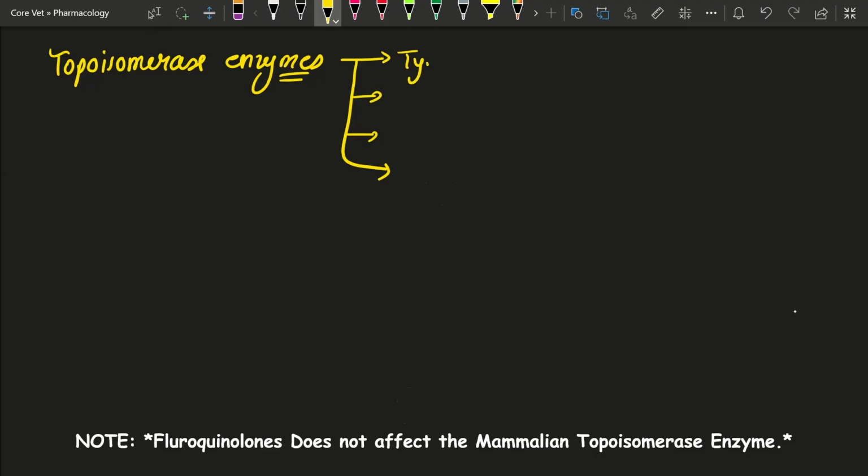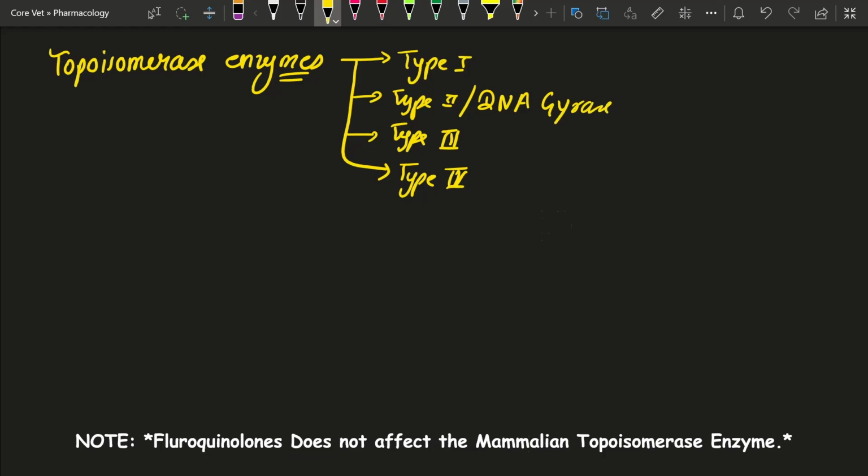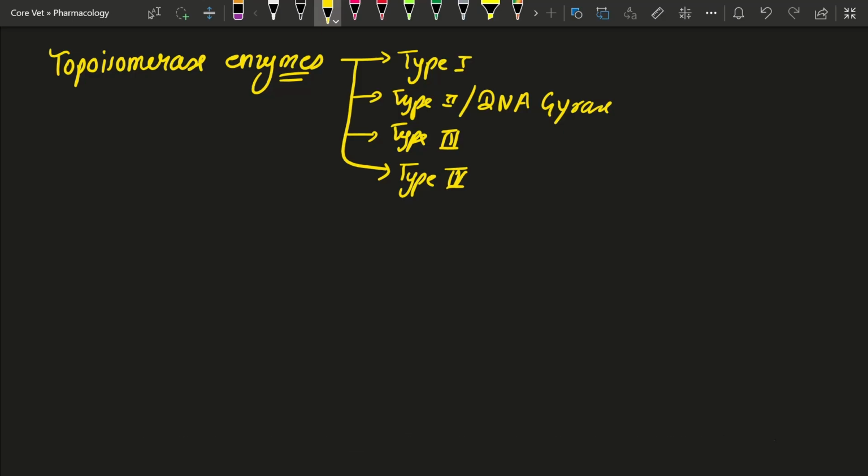There are four types of topoisomerase: type 1, type 2, type 3, and type 4. The type 2 topoisomerase is also known as DNA gyrase. In some textbooks it is mentioned as type 2 topoisomerase directly, and in some as DNA gyrase, while explaining the mode of action of the fluoroquinolones. You should remember that both are the same.